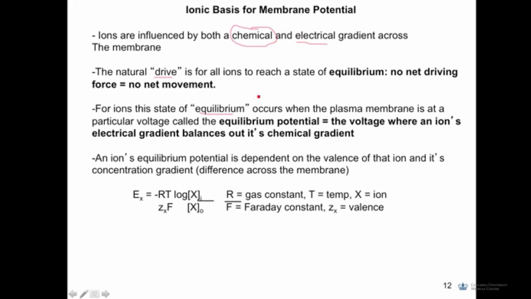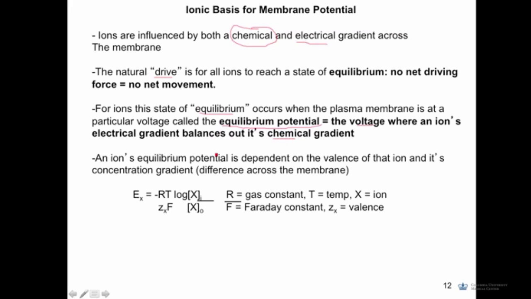Okay. So this point at which the ion is in equilibrium is described as the equilibrium potential. Okay? And it's going to be some voltage where an ion's electrical gradient completely balances out its chemical gradient.